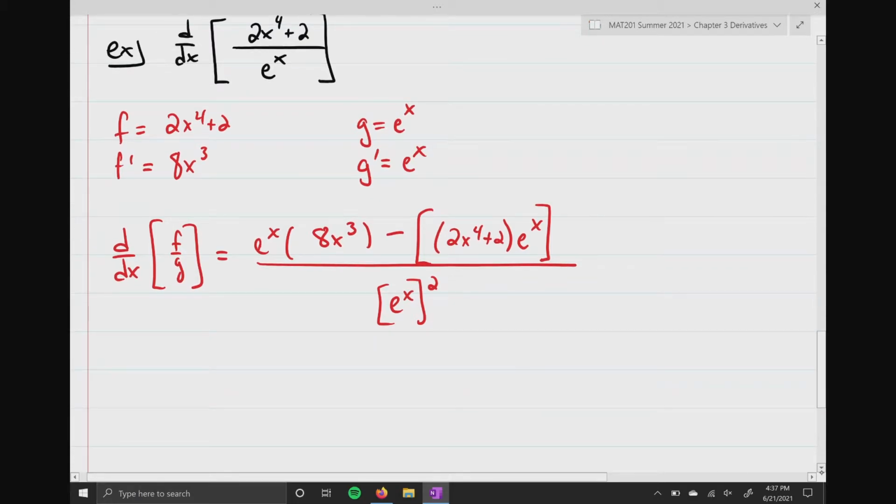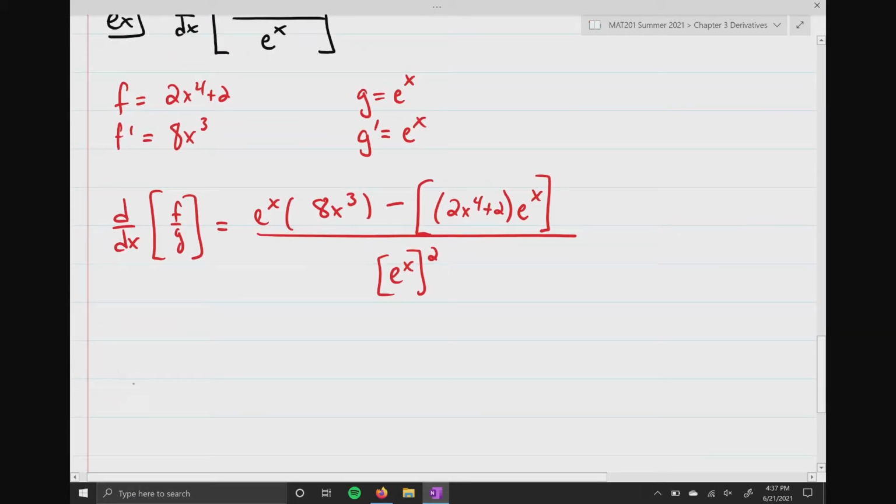Now to simplify this, d dx of f over g is going to equal 8 e to the x times x cubed minus, put a little bracket.